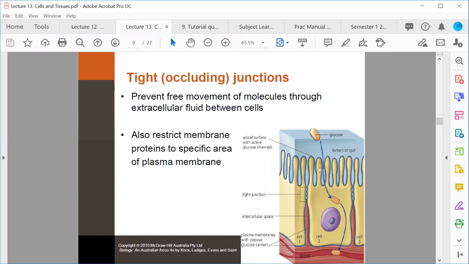So remember we said that in this upper part of the intestinal cell, there are active transport proteins for glucose, but in the lower part of the cell, there are passive glucose transport proteins. And that one of the jobs of the tight junctions is to control where those transport proteins are actually found. So that's the tight junctions.